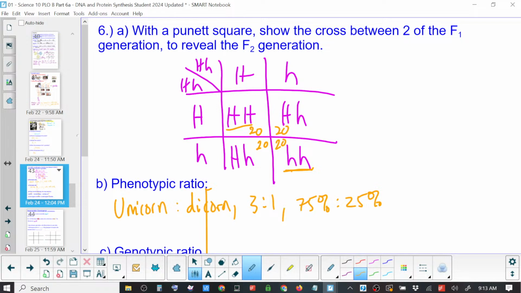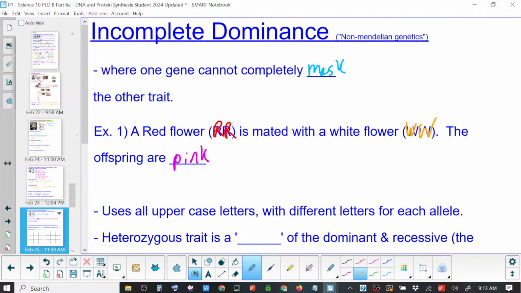We had unicorns and dicorns, and we used H for both of them. Here we have red and white, and we are not using R for both of them. They get their own letter. They're both equally dominant in a way, because the offspring aren't red and aren't white. If they're heterozygous, they are pink.